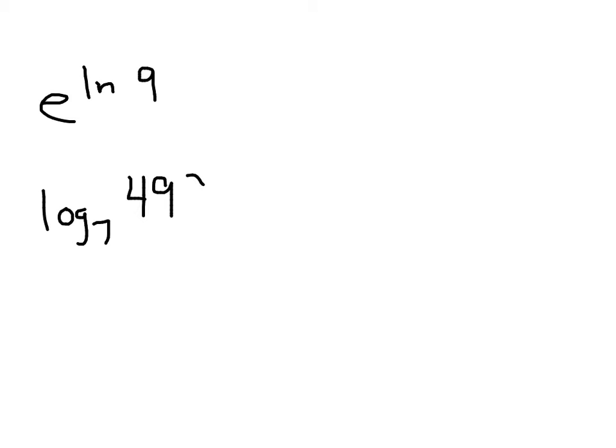Okay, on to 7. E to the ln of 9, 8 log base 7 of 49 to the x, and 9 log base 3 of 81 to the negative 2x.